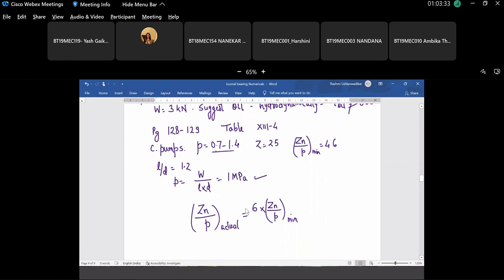So let us take it 6 times the minimum value, which comes out to be how much? Minimum is 46. 276.